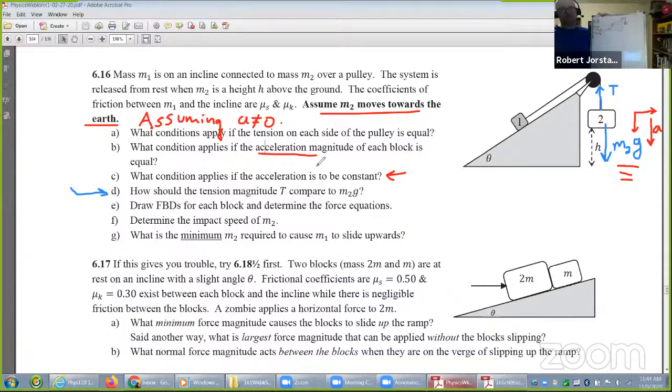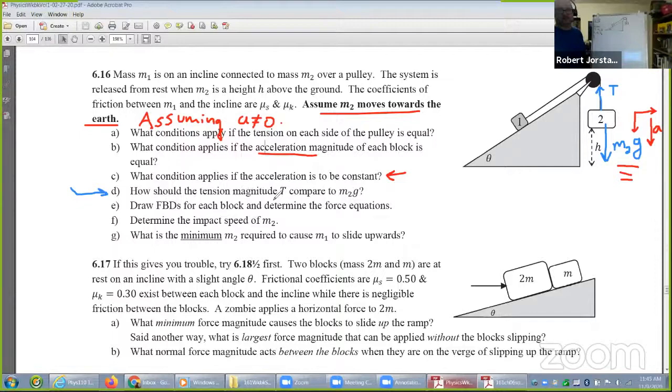But I forget who it was that said T was equal to mg. That's possible if it's not moving or if it's moving at constant speed. But based on the wording of this question, I don't think that's true. Does that make sense why I'm saying that now, whoever that was? Hopefully.